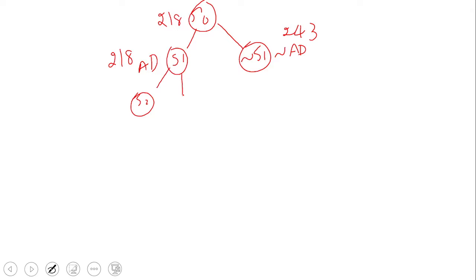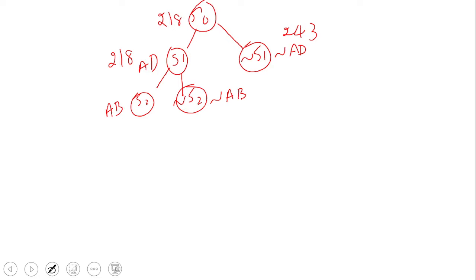They are asking us to calculate the estimated cost of S2. So here we have S2 and not S2, and the next is AB, not AB.